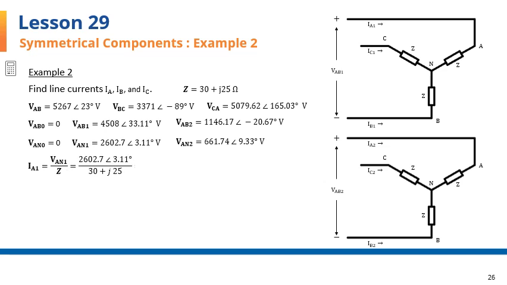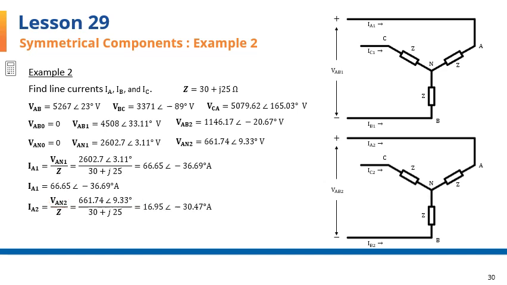So IA1 would be VAN1 over Z, and that comes to this current. And IA2 is calculated as VAN2 over Z, and that comes to this value.